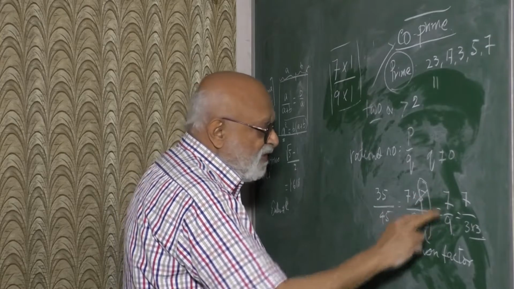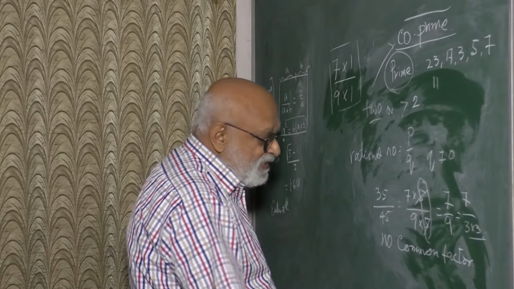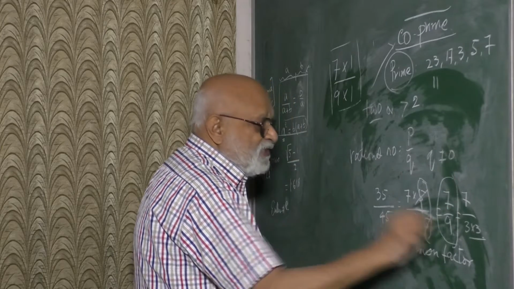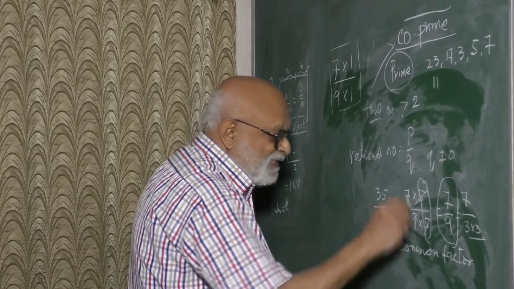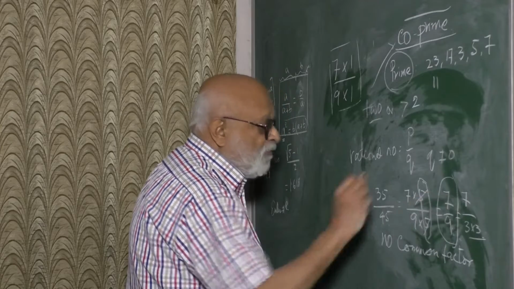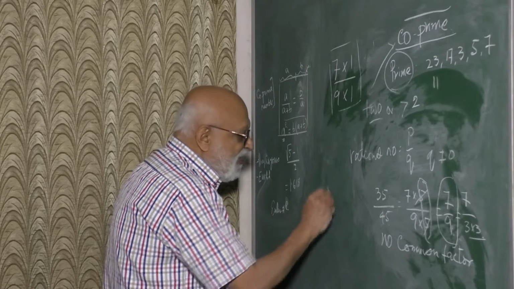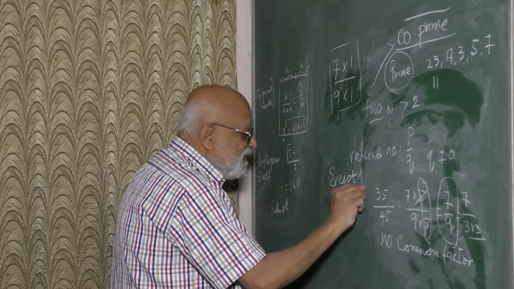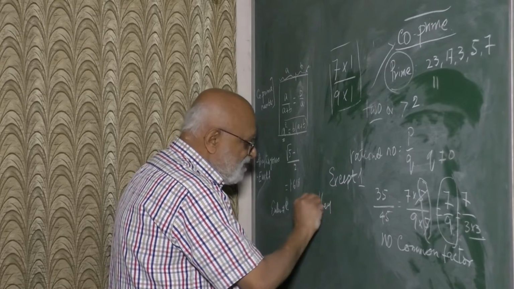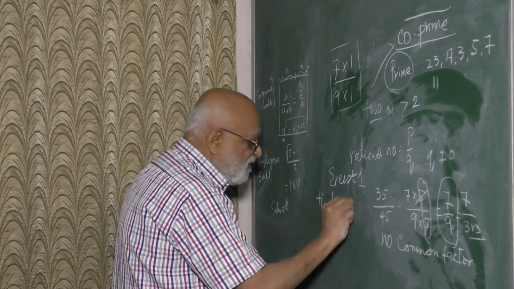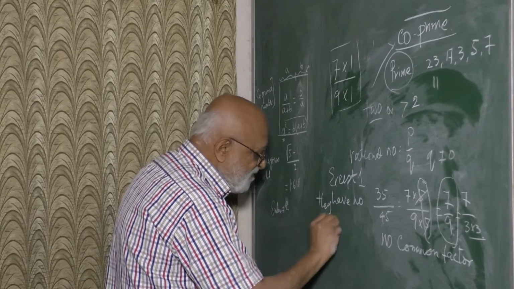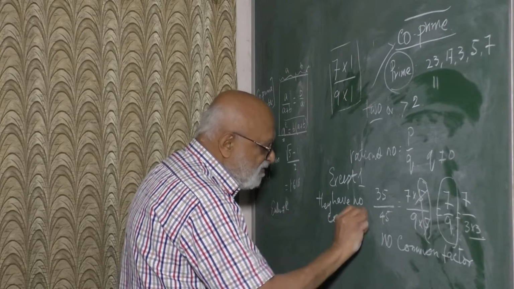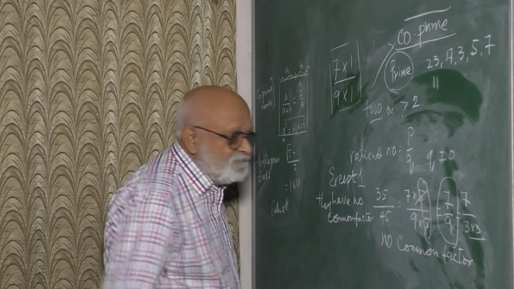They are divisible by 1. And so this kind of fraction, which you cannot reduce, except for 1, there is no other common factor. So they have no common factor except 1.